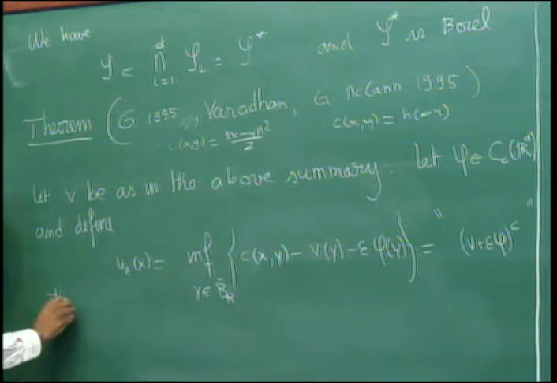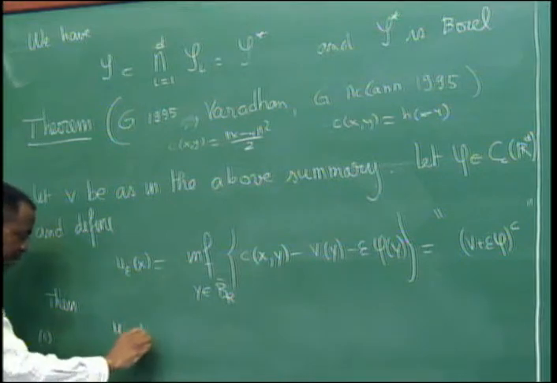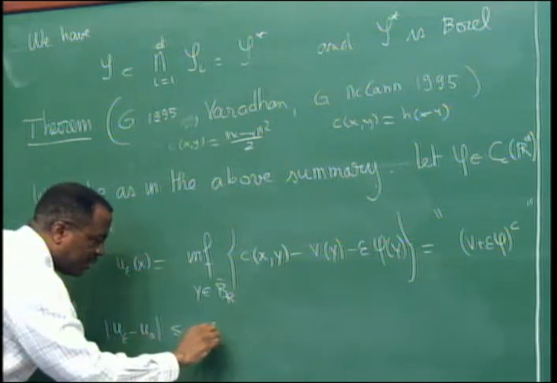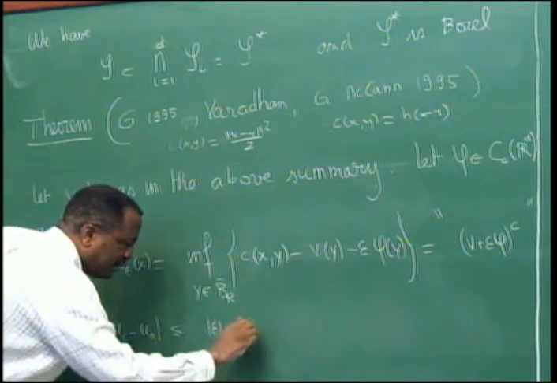Then, first of all, the absolute value of U epsilon minus U0 is less than epsilon times the L infinity norm of phi.